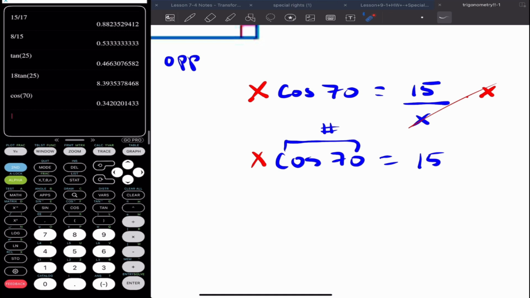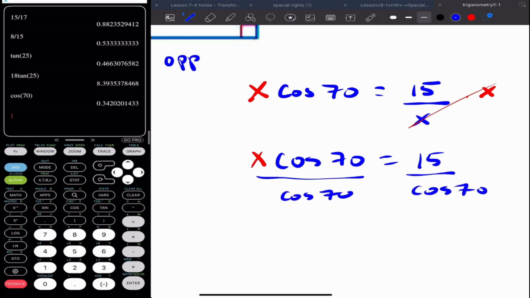Okay? So, let's divide both sides by cosine of 70. So, this will go away. We have x on the left-hand side, and that is equal to 15 divided by cosine of 70. Do you see what I did there? So we have 15 divided by cosine of 70.